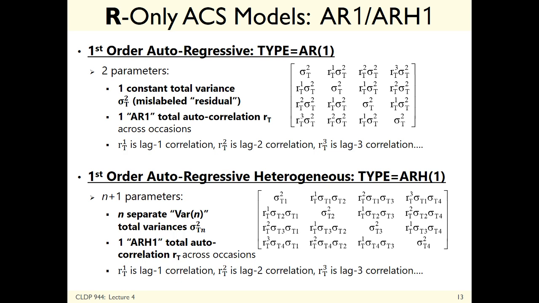So it can't be nested if the degrees of freedom are the same. If I test AR1 against ARH1, how many parameters have I added? Heterogeneous variances for 4 occasions. 3 again, yep. So it's the same logic. If you're testing whether or not variances need to be different or the same, it's always number of occasions minus 1 for the differences in the number of parameters. I can do the same test against unstructured to see if that is good enough as well.